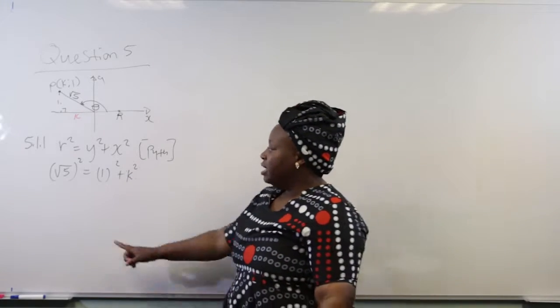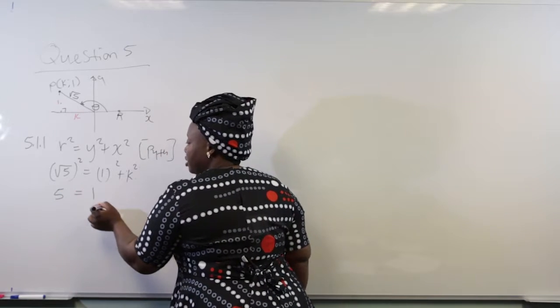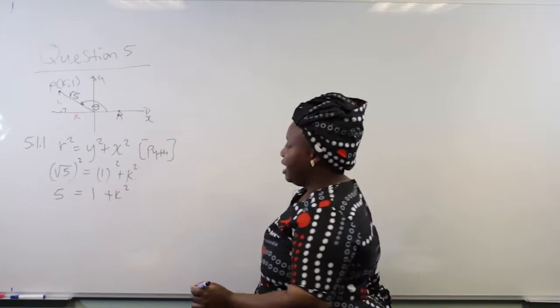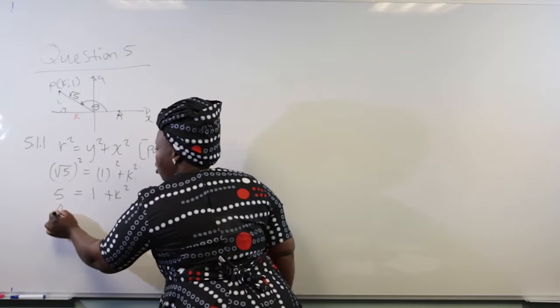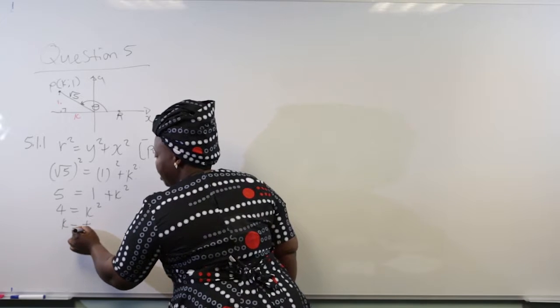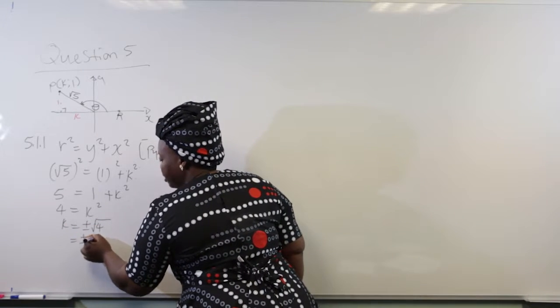The square root of 5 squared gives us 5, and 1 squared is 1, plus K squared. If we do the algebra, we have 4 equals K squared, and therefore K equals plus or minus the square root of 4, which makes K plus or minus 2.